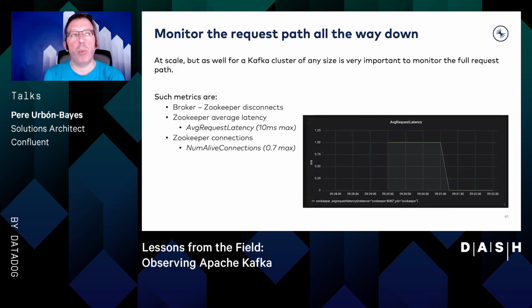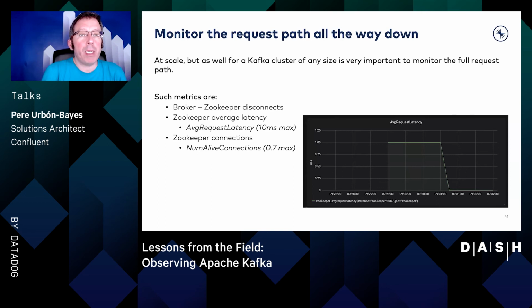The next thing you have to monitor always is the connections to Zookeeper. Remember, we spoke about Zookeeper, that Zookeeper makes decisions in Kafka, and that it is very important to keep it alive and healthy. So it's very good to monitor broker to Zookeeper disconnects. If you start to see disconnections between broker and Zookeeper, that's bad. If the latency increases, it's bad as well.